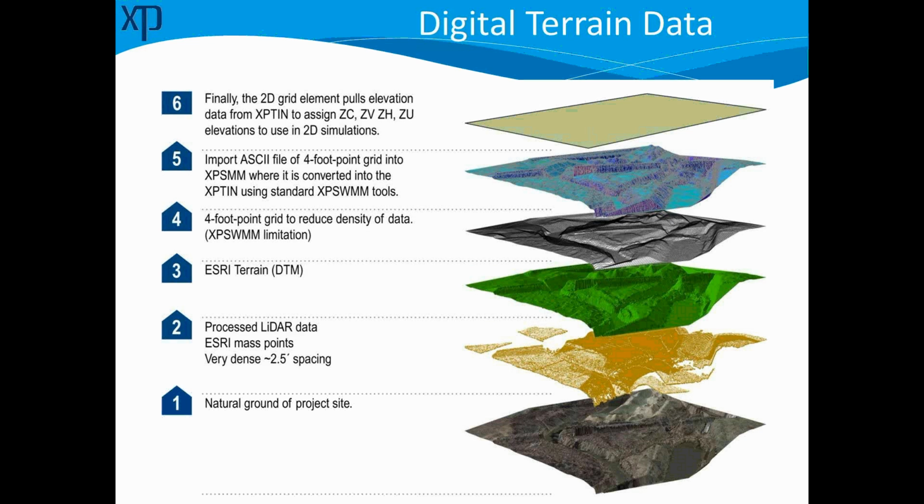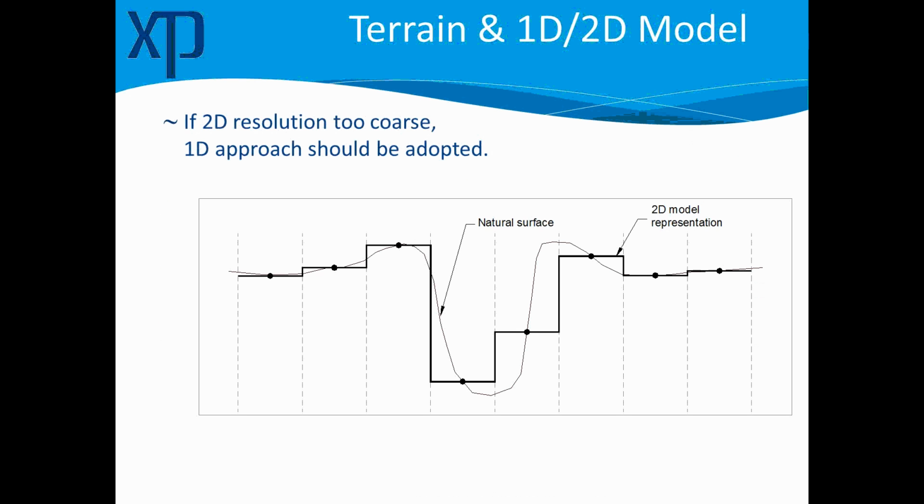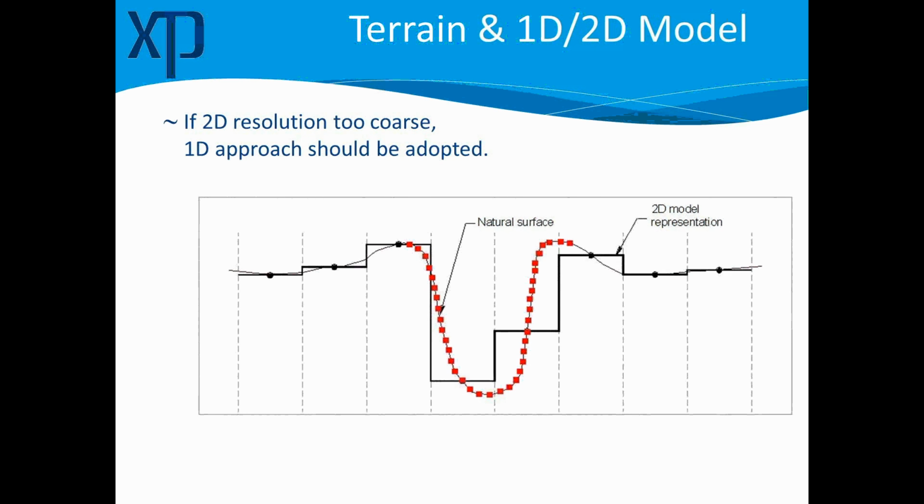So XP focuses on what we need to do to build a good model. We're not trying to be terrain modelers per se. So there are some tools in there that allow valleys and ridges and things like that. But on using the 2D surface, somebody says, oh, we've got great terrain data, we'll just do a 2D model of everything.